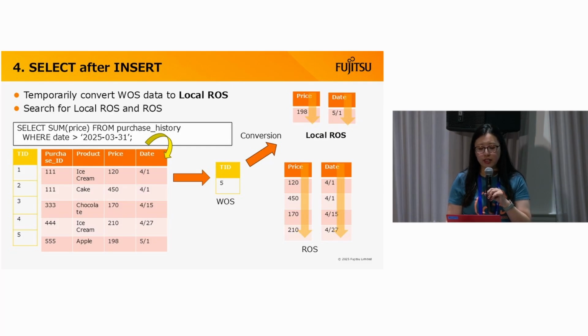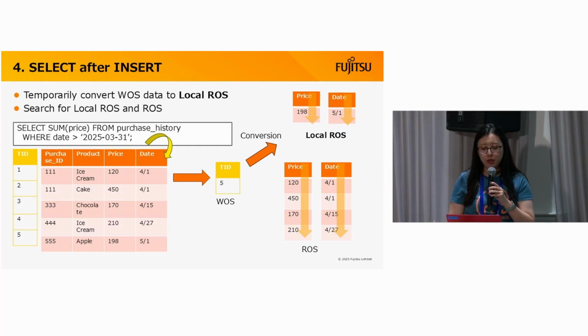The price and the date columns for the tuple with TID 5 are not in ROS. Therefore, the TID in WOS is used to convert the data into local ROS, which is temporary ROS. Once the conversion to local ROS is done, the VCI scan looks within local ROS and ROS.